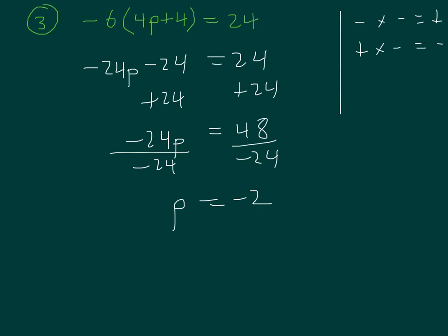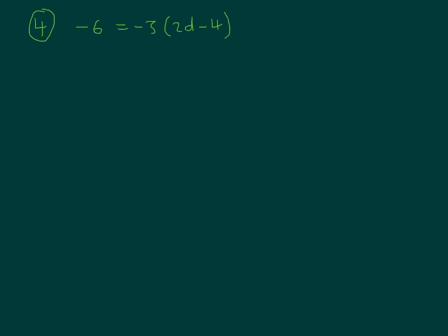Alright, let's move on to the next one. Here we go. In this equation, you'll notice that all the pronumerals are on the wrong side. If we've got the pronumerals on the wrong side, the easiest way to attack this is to just flip everything around first. So here it is, minus 3 outside of 2d minus 4 equals minus 6. Then just carry on as you normally would.